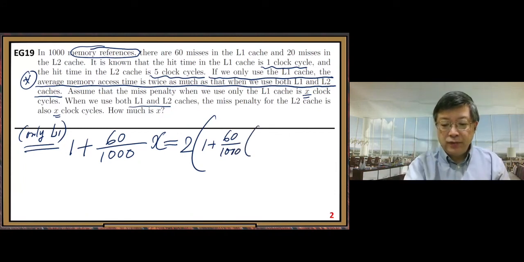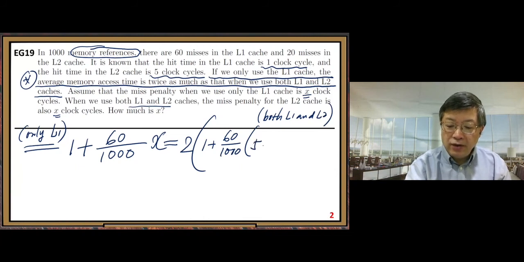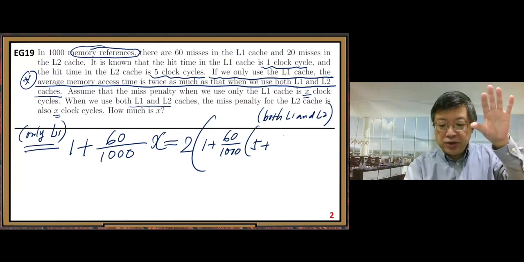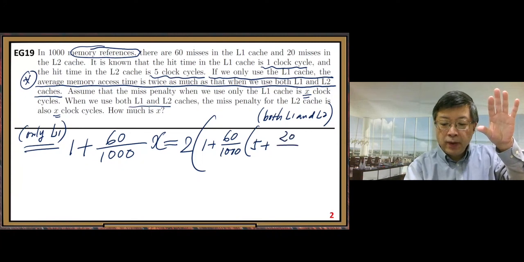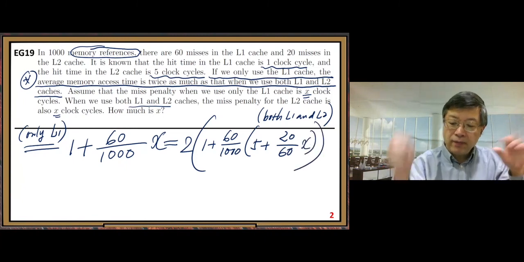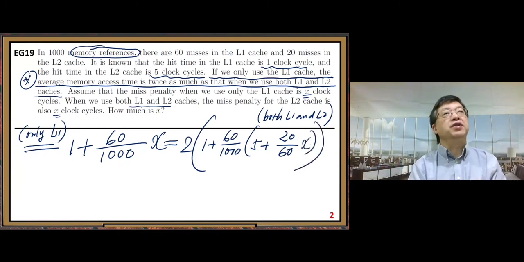Now L2. This one uses both L1 and L2, so L2 hit time 5, plus number of L2 misses 20 over number of L1 misses 60, then times X. So this is the equation, based on our formula.